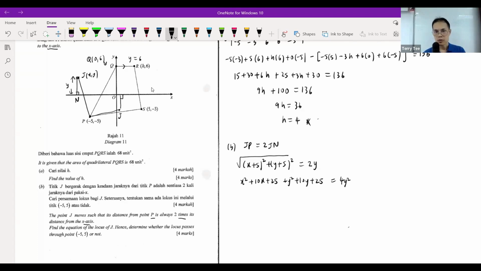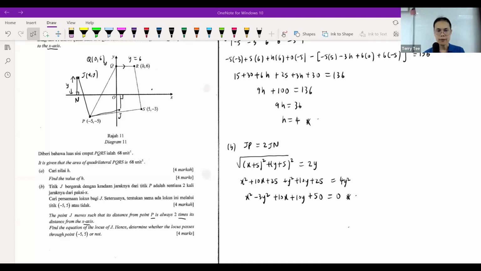So you get x squared, y squared minus 4y squared is minus 3y squared, plus 10x plus 10y plus 50 equals 0. So that's all. It is x squared minus 3y squared plus 10x plus 10y plus 50 equals 0. That is your equation of the locus of J.